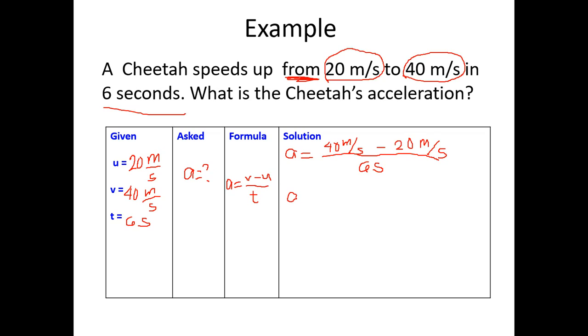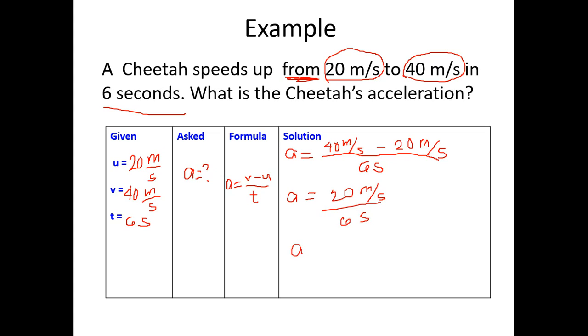So therefore, when you plug this in your calculator, you will end up with an answer equal to 40 meters per second minus 20 meters per second is 20 meters per second over 6 seconds.